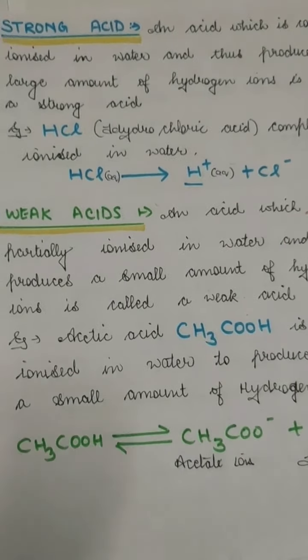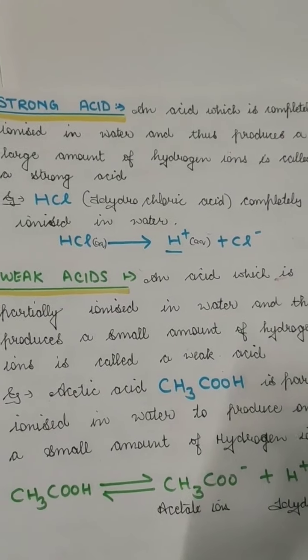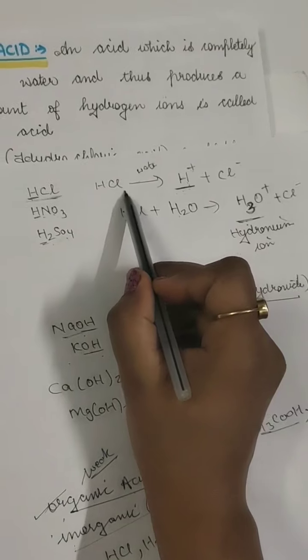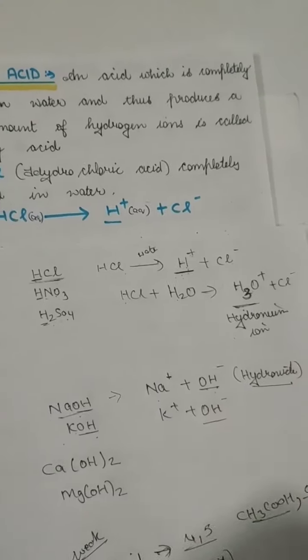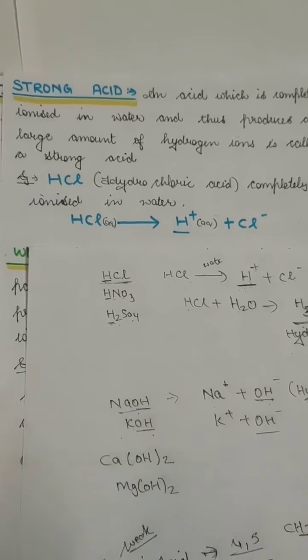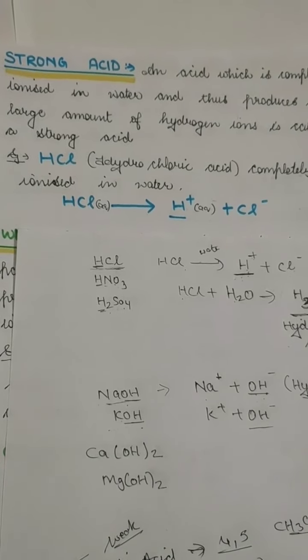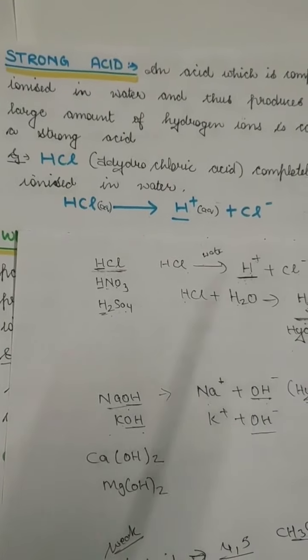The reason is how completely an acid ionizes in water. At the start of the chapter, I told you acids are compounds which form H plus ions. When acids are dissolved in water, for example, you have lemon juice in a bowl, and in the next bowl you have hydrochloric acid.